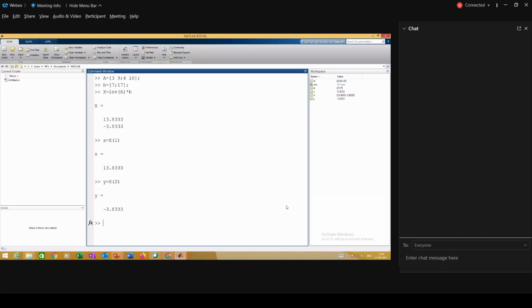This is the way I can solve any linear equations. People, try these three variables, three equations. Try this in your Matlab.